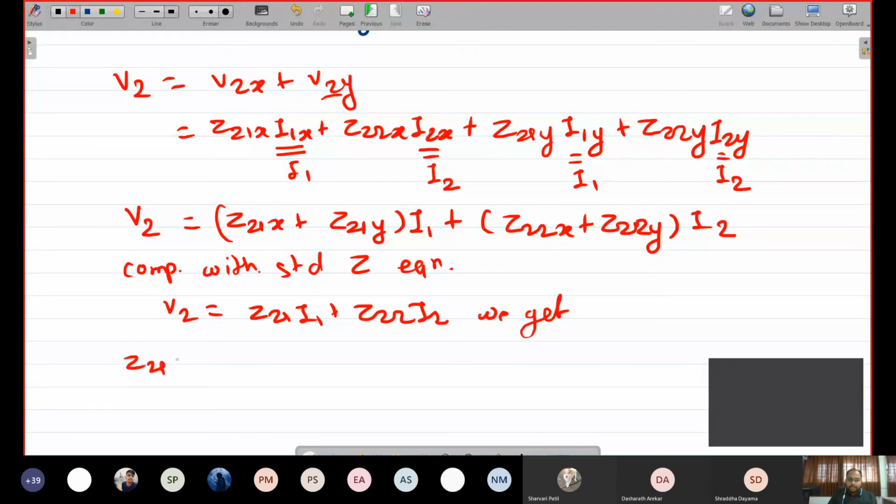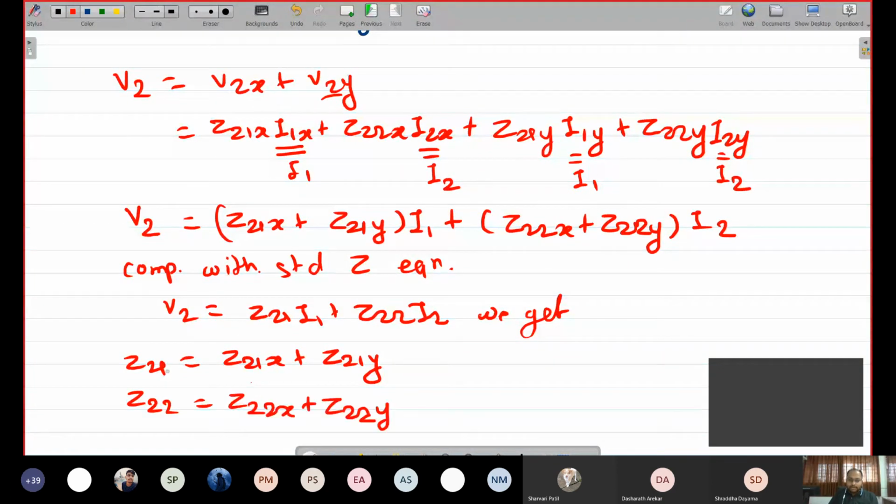Z21 is equal to Z21x plus Z21y. This is the third parameter that you have got after performing this process. And finally, I'll be getting Z22 as Z22x plus Z22y. So remember that once you get these four parameters, you will be getting the 8 marks.